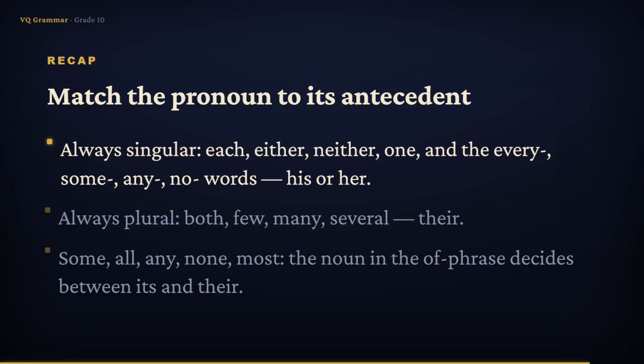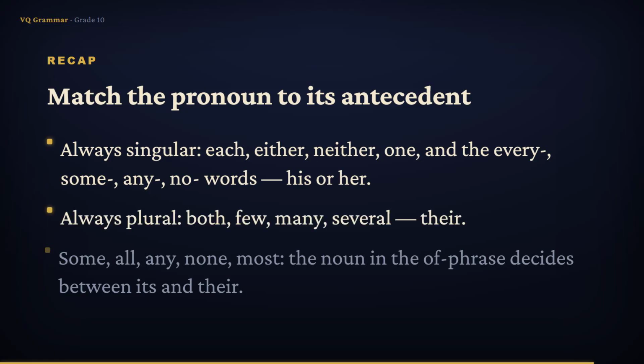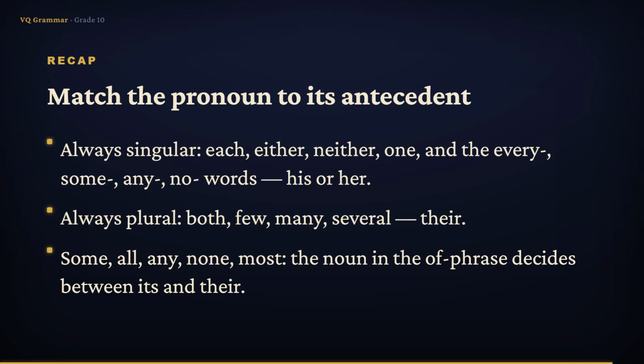And the traditional match there is his or her. Group 2 is always plural: both, few, many, several, and they take their. And in group 3, some, all, any, none, and most can go either way, because the noun inside the of phrase decides between its and their.